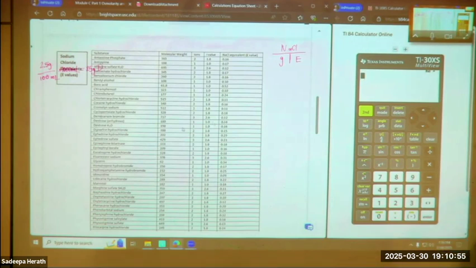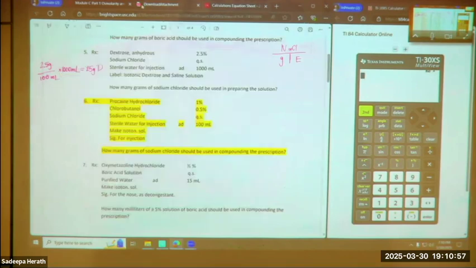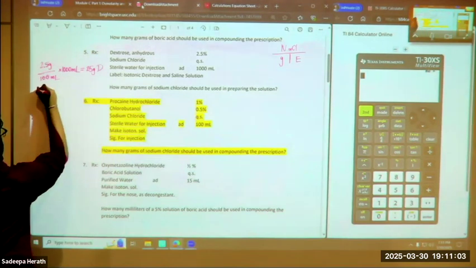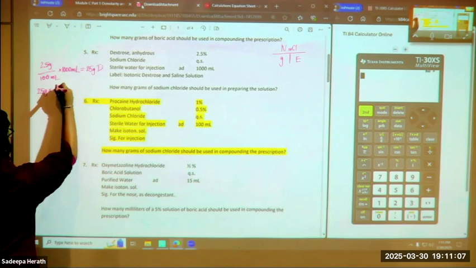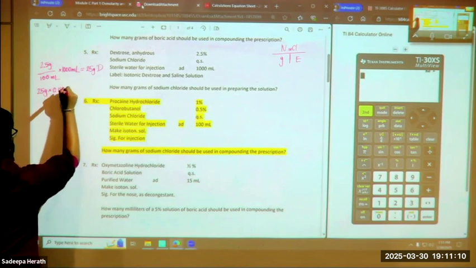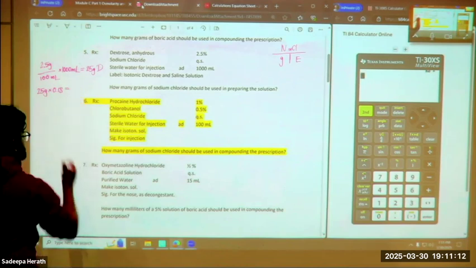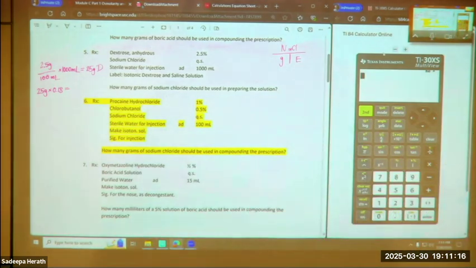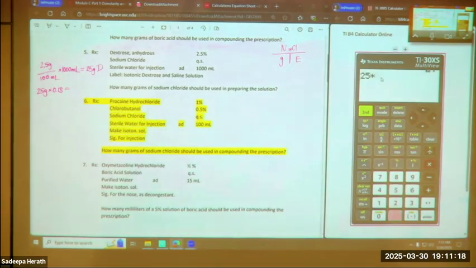So we can go back to our original problem here. To find the NaCl equivalent of dextrose, 25 grams times 0.18 equals, on the calculator, 25 times 0.18, 4.5.